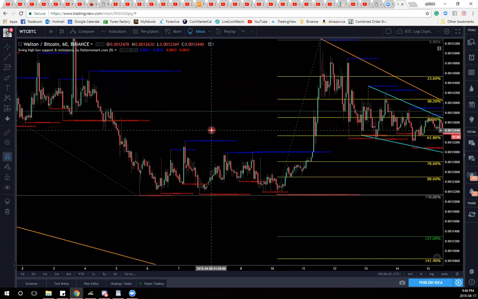Sometimes some of the supports will line up with the resistances, but you have to look for your resistances. So the phrase to retain here is past resistance becomes future support. And if we were going the opposite way around, it would be past support becomes future resistance.